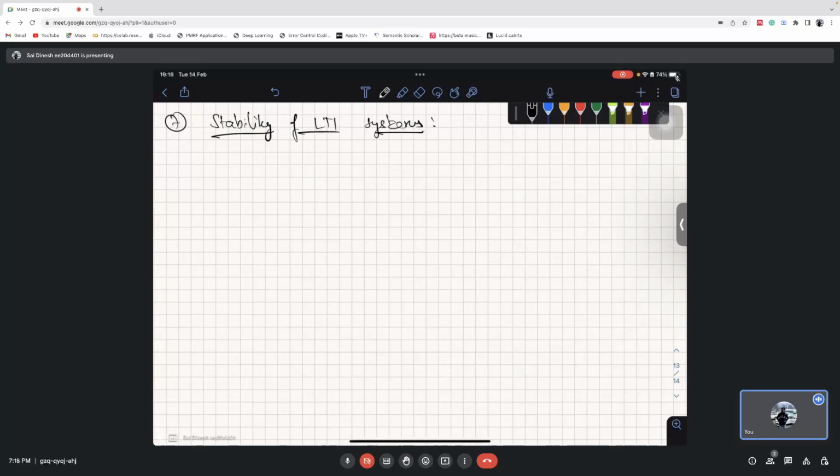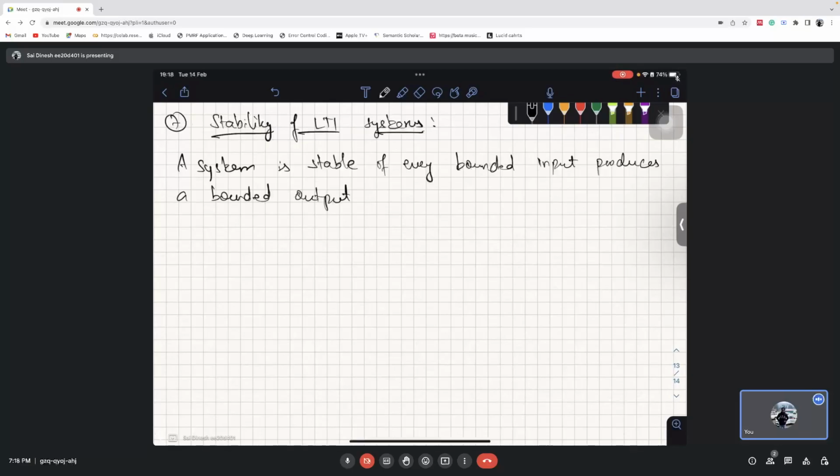Then the next one would be the stability of LTI systems. The system is stable if every bounded input produces a bounded output.